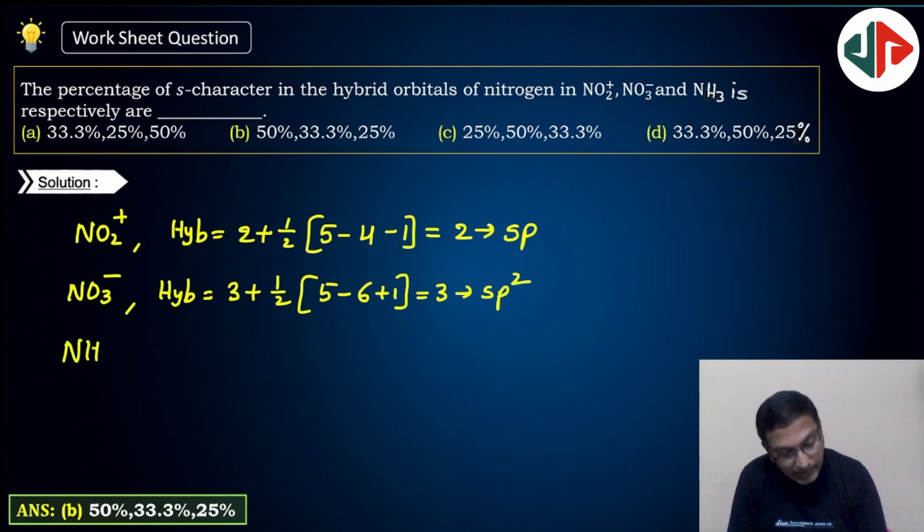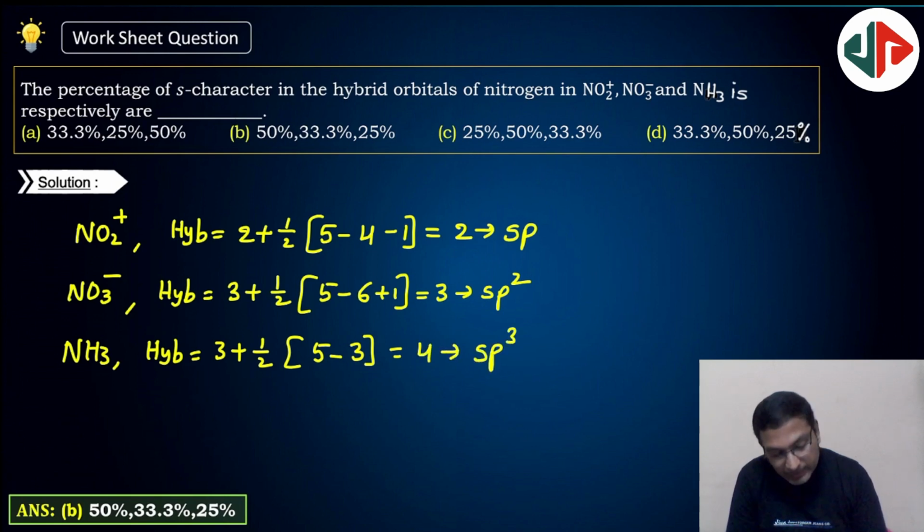In NH3, hybridization equal to surrounding atoms 3 plus half into group number minus valency with respect to hydrogen same number, that is 4, sp3.